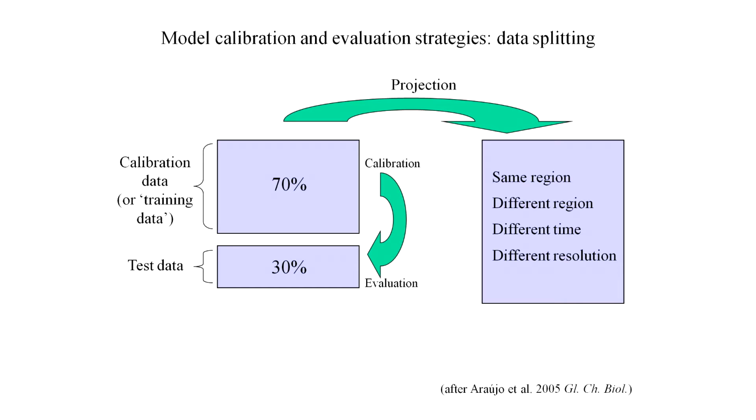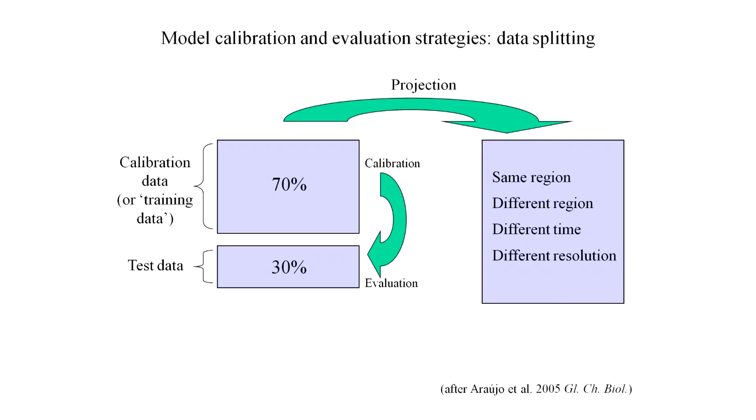Often we can't do that, and really the most common approach, that's often also combined with that kind of gold standard of what you would ideally do, is to do some sort of data splitting, some sort of data partitioning approach. So here we divide our 100% of the data that we have into two parts, one of which we're going to use for calibration or training, and the other we're going to use for testing or evaluating.